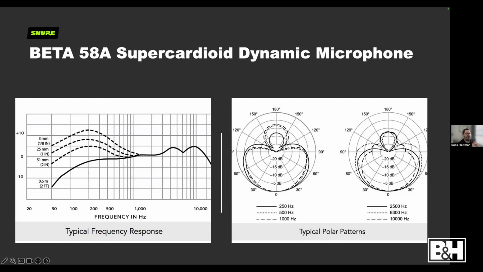So what it's showing you here, that top dotted or dashed line, that at 3 millimeters, it's showing you how much higher those bass frequencies are going to be versus at 25 millimeters or 1 inch versus at 2 inches versus at 2 feet. I mean, you're not going to want to use this microphone at a 2-foot distance, but it just goes to show you what that difference in the proximity effect is, right?